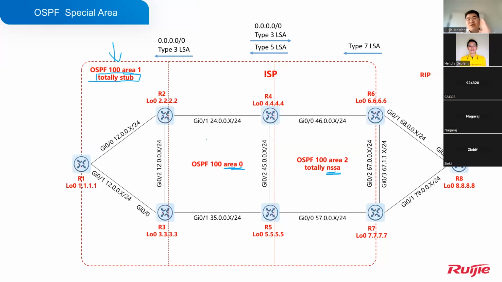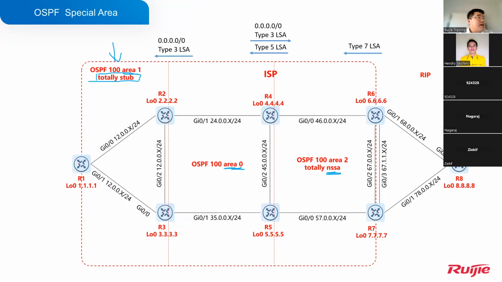To know the difference, we just need to know redistribute route. Yes, it could be a difference. Because on the R6 and R7, they are in the NSSA area, and we redistribute the route from ISS into OSPF.